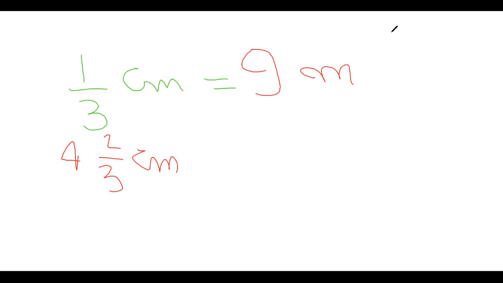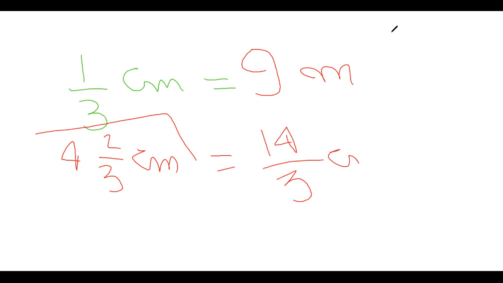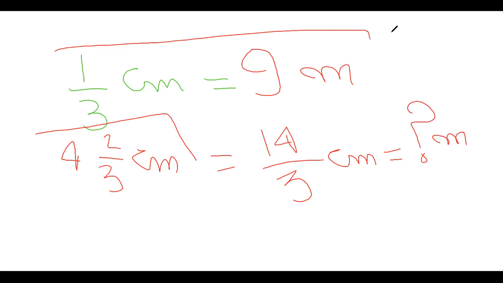So 4 times 3 is 12, and 2 makes 14 by 3 centimeter, which must be converted to how many meters? If 1 by 3 is converted to 9 meters, then 14 by 3 is converted to what?